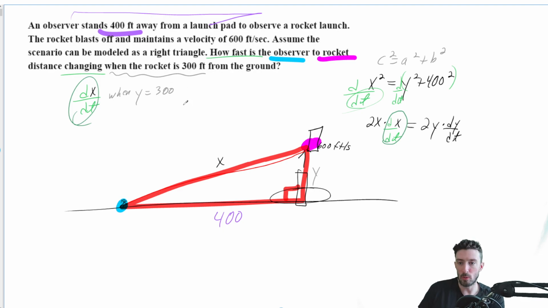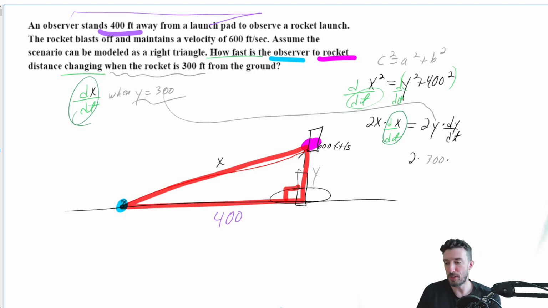So I know that y is going to be 300 at the moment we care about. So I've got 2 times 300. Now, what about dy dt? Well, the thing is, they told you that dy dt is 600.